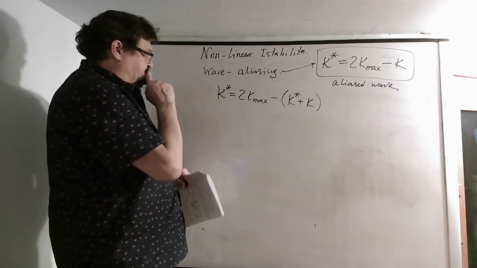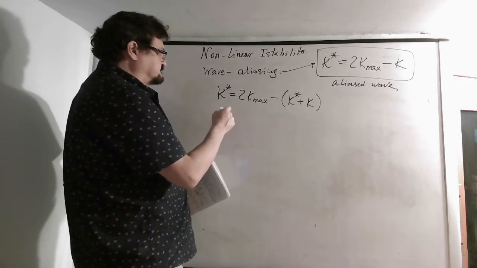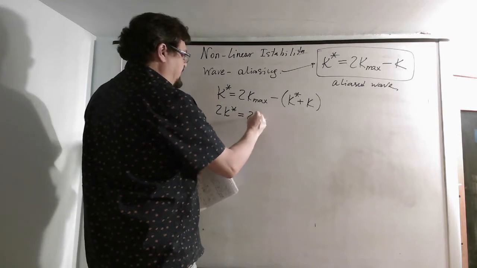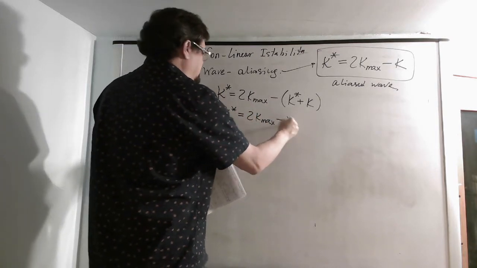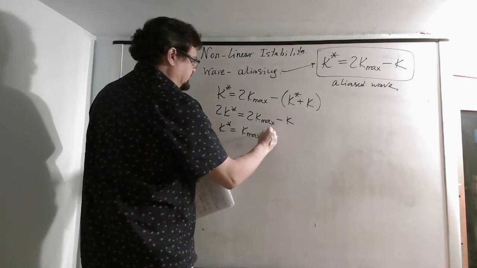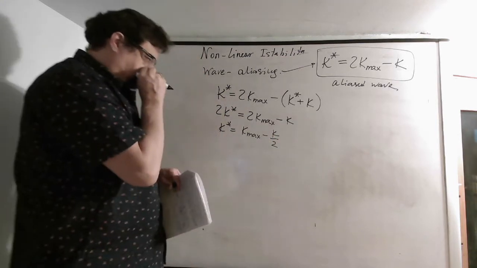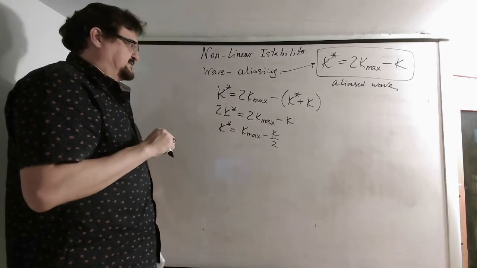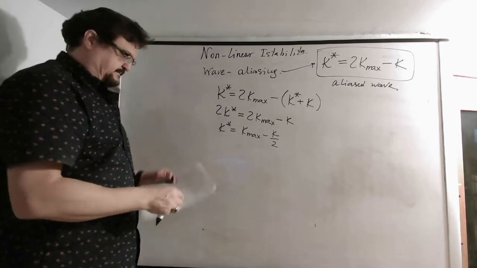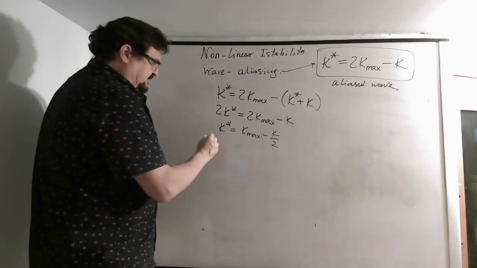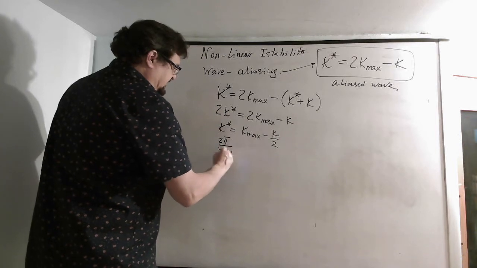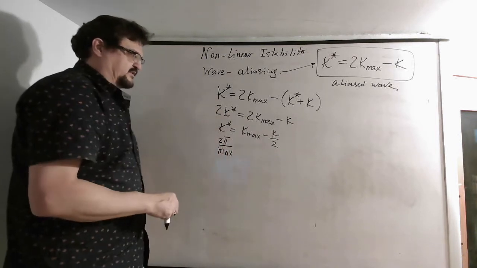So let's write it the following way. We have 2k star equals 2k max minus k, or k star equals (k max minus k) over 2. Let's now find the combination of k star and k that makes this work. k star is 2 pi divided by m delta x, where m is the wavelength we're going to find.